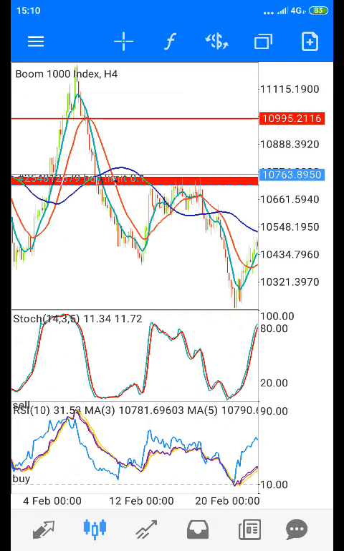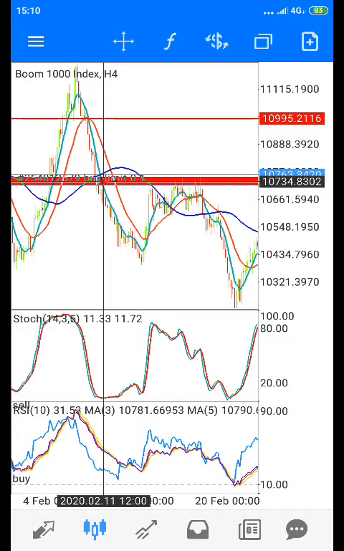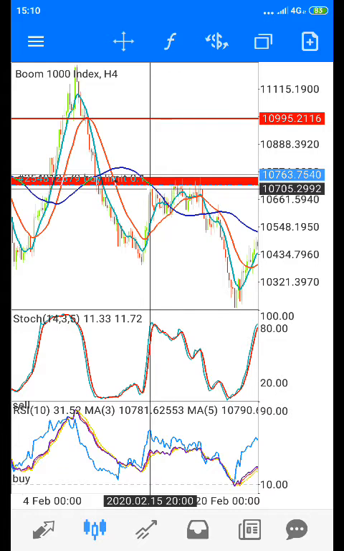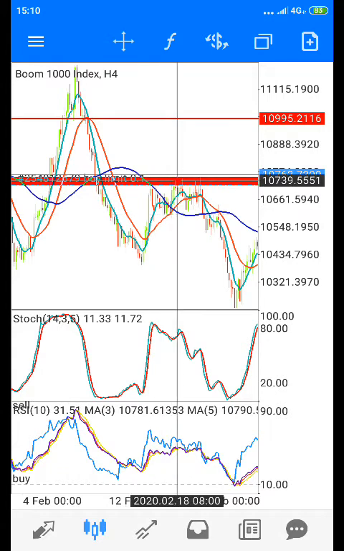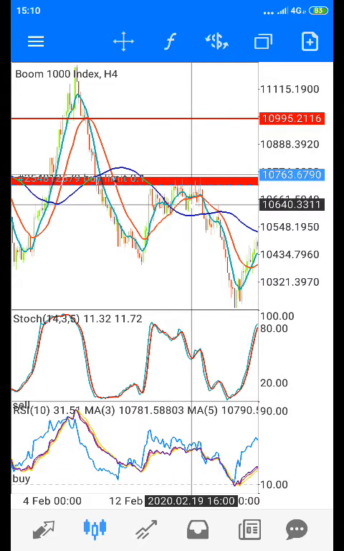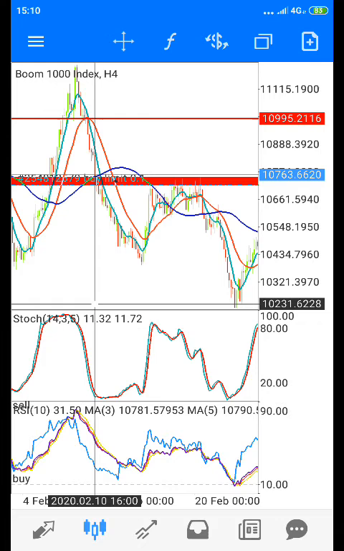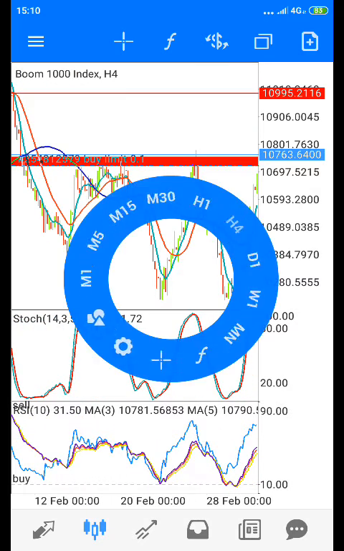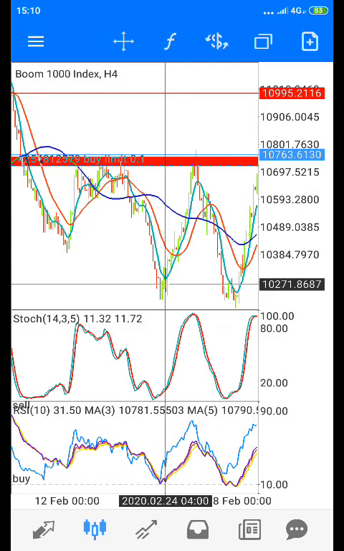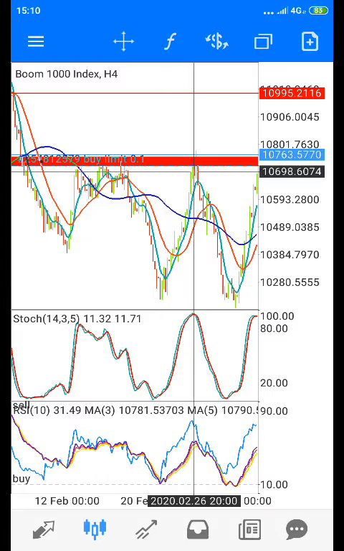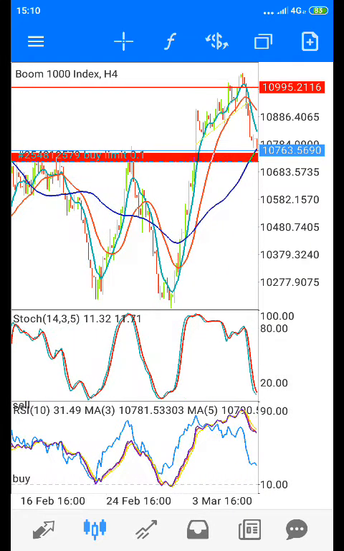And here, you can see that the support area here is broken, then it is resisting here, then again comes down, resisting again, comes down, comes up, and rejecting the market. But now here again, low, then up, low, then what?